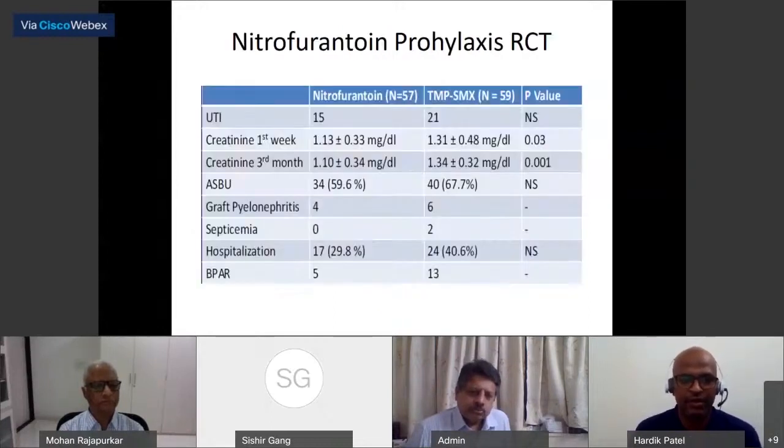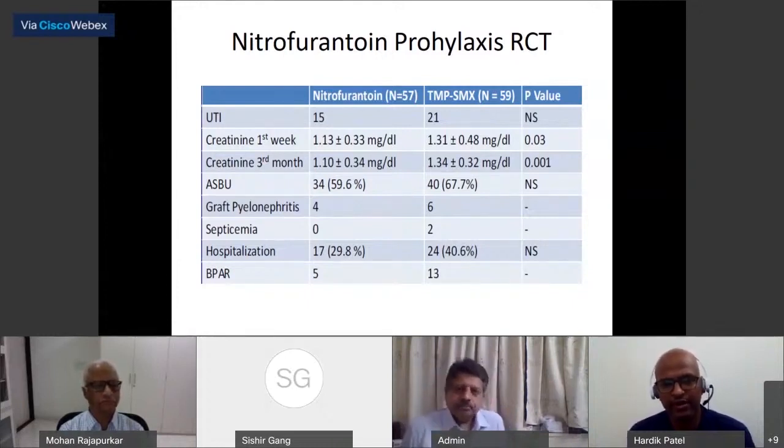So first was the nitrofurantoin prophylaxis randomized control trial, in which we used nitrofurantoin over and above trimethoprim sulfamethoxazole for the initial 3 months. And there was no significant difference in UTI, graft pyelonephritis, septicemia, hospitalization, or asymptomatic bacteriuria. So nitrofurantoin was not helpful in reducing episodes of UTI.